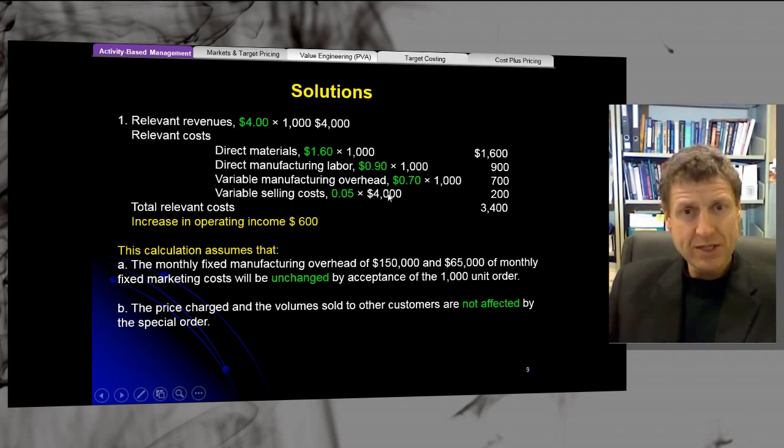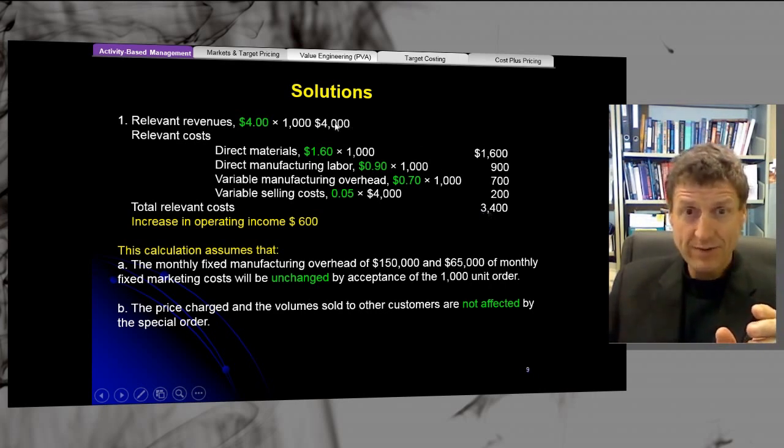So let's add these up, shall we? $1.60 direct materials times 1,000 is $1,600. 90 cents of direct labor times 1,000, $900. $700 of variable manufacturing overhead, and 5% of 4,000 gives us $200 of selling costs. So the total relevant costs in this case is $3,400.